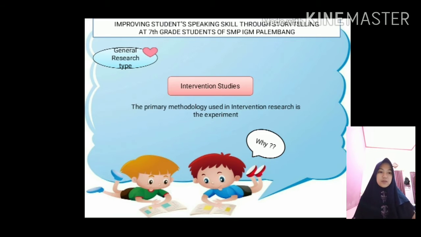And then in intervention studies, a particular method or treatment is expected to influence one or more outcomes. So here, the treatment is teaching students by using storytelling, and the intended outcome is the improvement of student speaking skill.